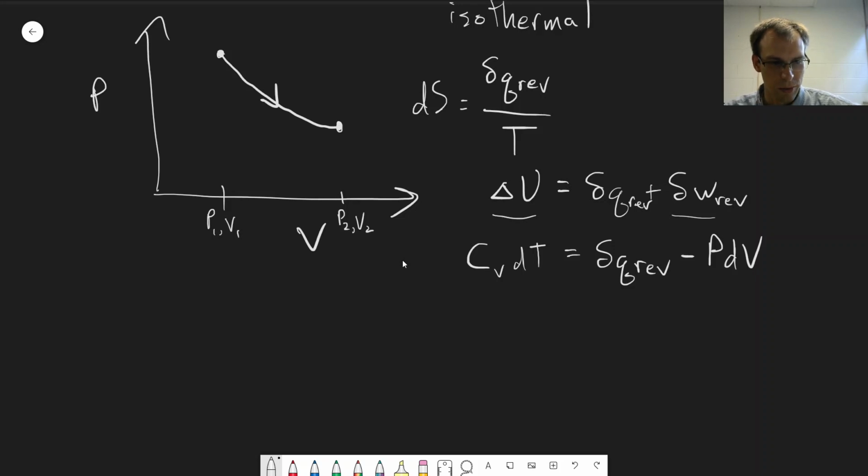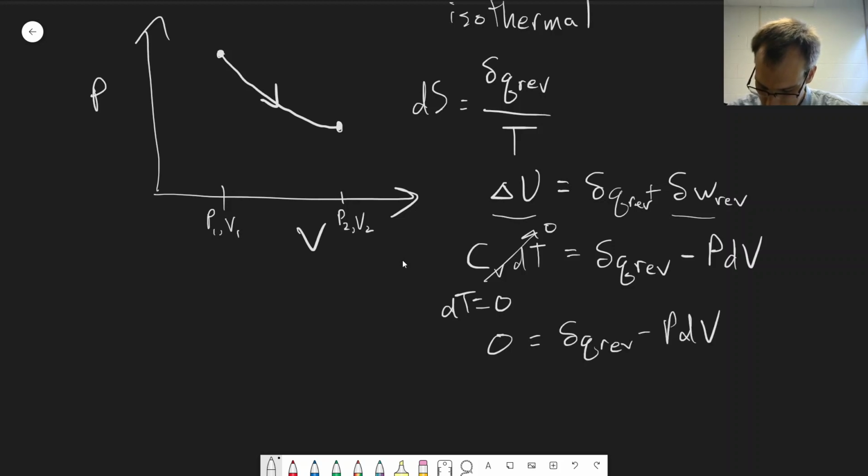Okay, and so we have our expression here. But this is an isothermal process, so dT by definition is equal to 0, so delta U is equal to 0. So we can say that 0 equals dq reversible minus P dV, and so we can say that dq reversible is equal to positive P dV.